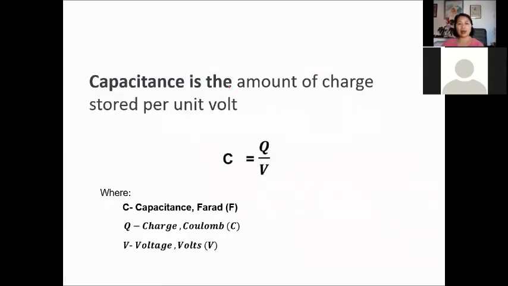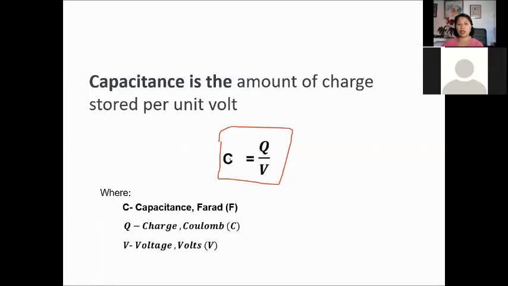Now, capacitor is a device, but capacitance is the amount of charge stored per unit volt. Value ng capacitor is capacitance. So we have mathematically C is Q over V, where C is capacitance in farad, Q is charge in coulomb, and V is voltage in volts.